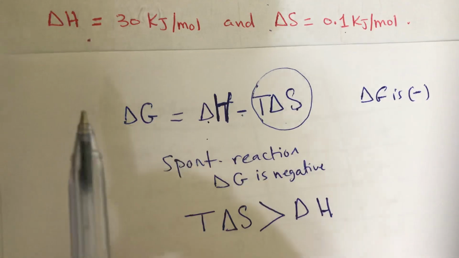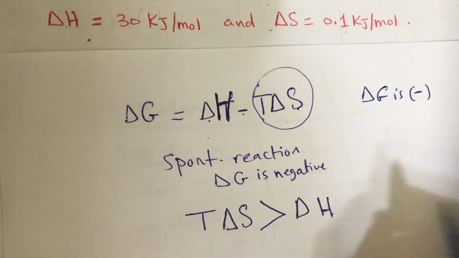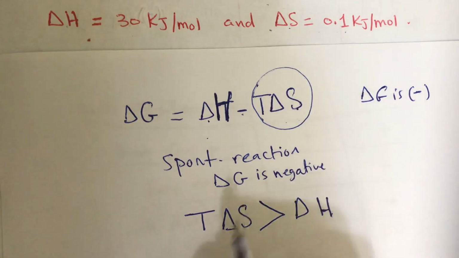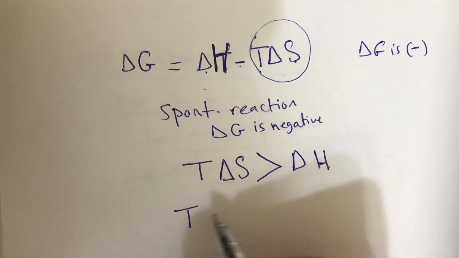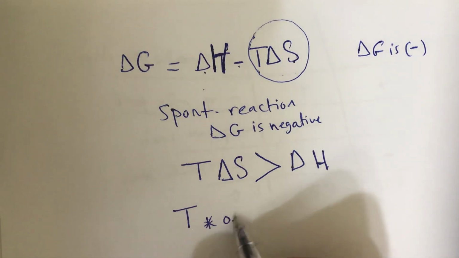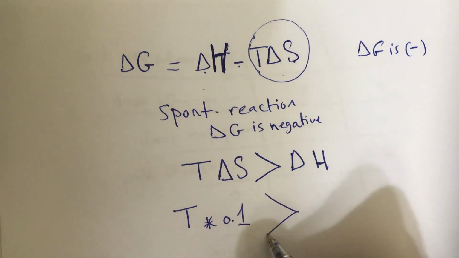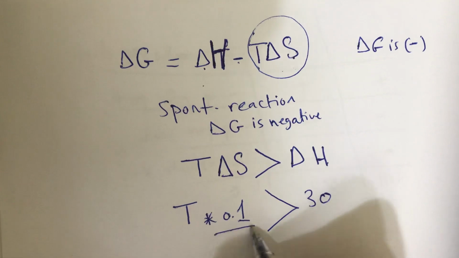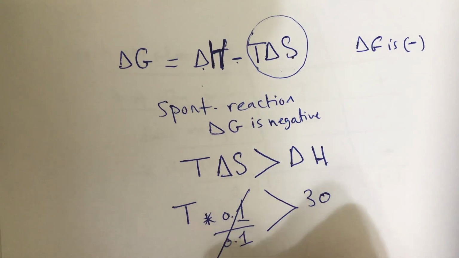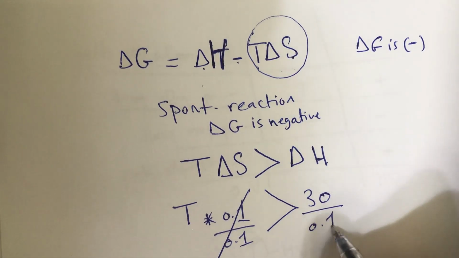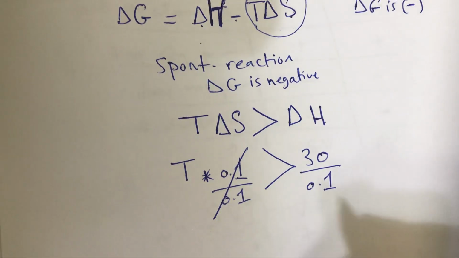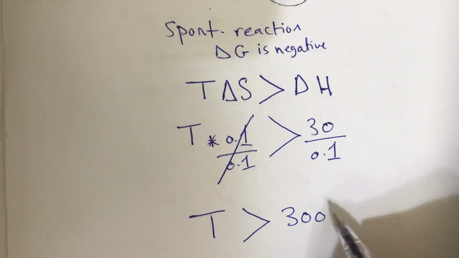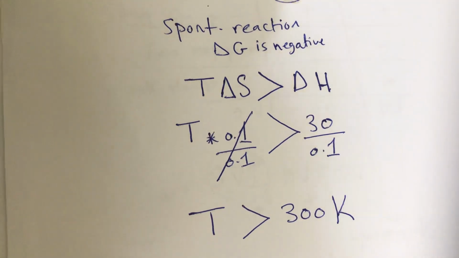From the question, delta H is 30 and delta S is 0.1. So temperature times 0.1 must be greater than 30. If you divide over 0.1, the temperature must be greater than 300 Kelvin.